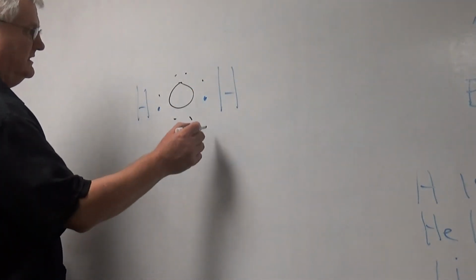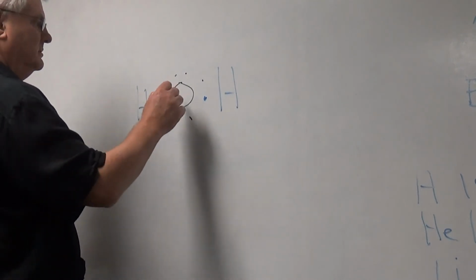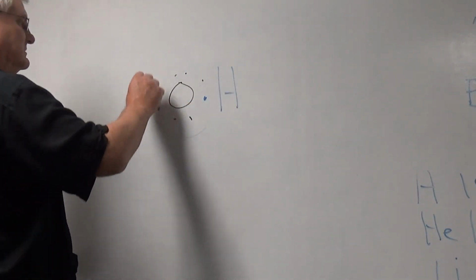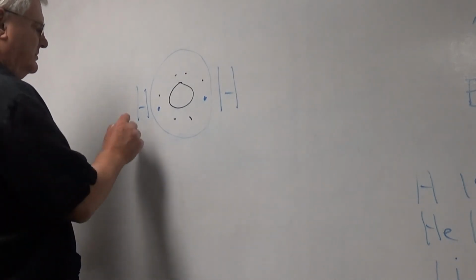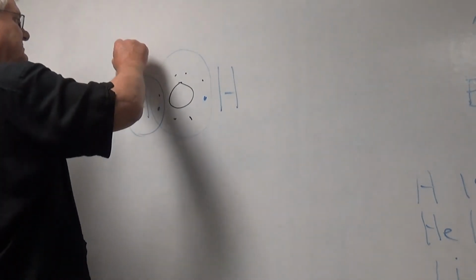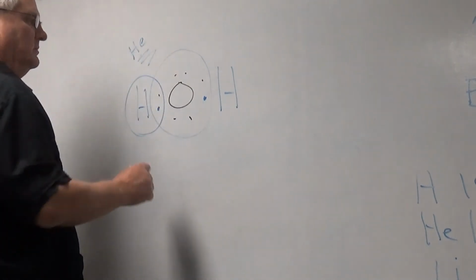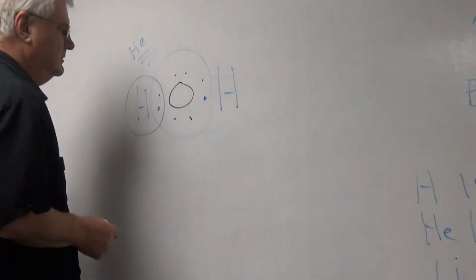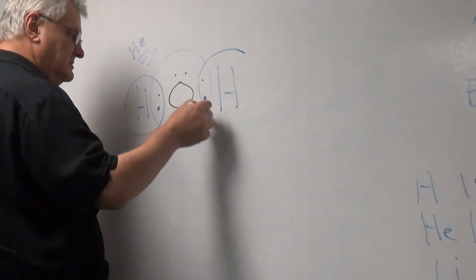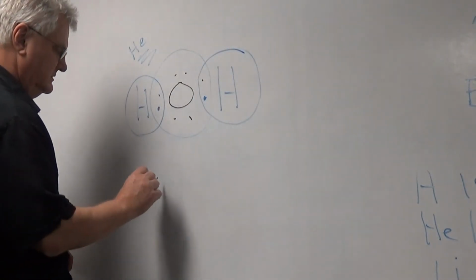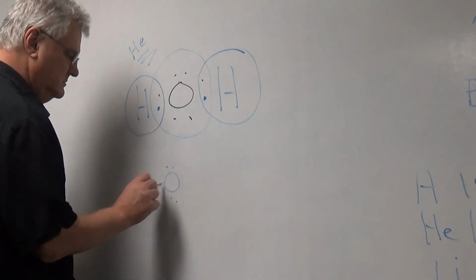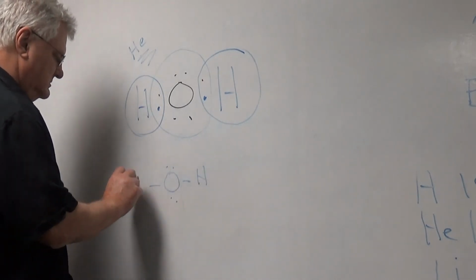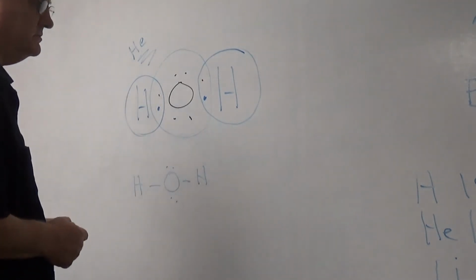And again, you can see when oxygen formed 2 covalent bonds, now it has an octet around it. The hydrogen only has 2 around it, but it's resembling helium, so it's not following the octet rule. But hydrogen tends to form 1 covalent bond. And so, another way we could write it is like this, as a simple Lewis dot structure.